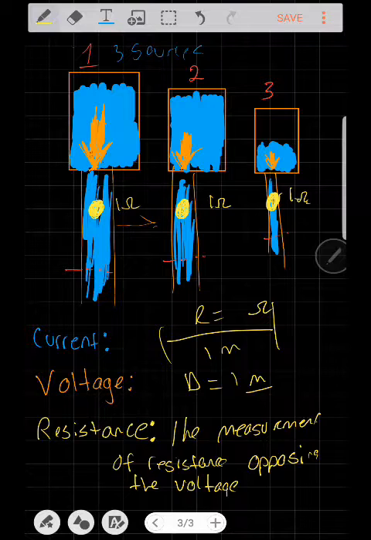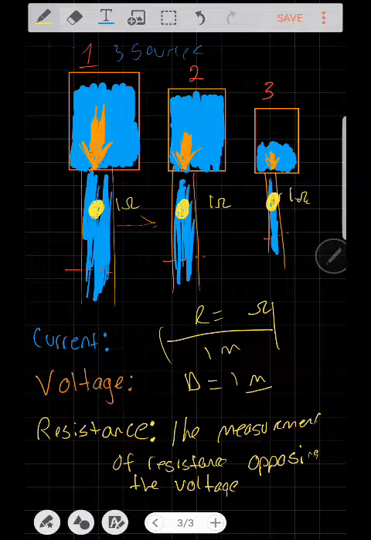On which pipe do you think the resistance will have the most effect? It will have the most effect on the smallest pipe, because 1 ohm means more to this one than it does to the middle one, and definitely more than it does to the large one. It can't resist as much water because there's more water to go around it.